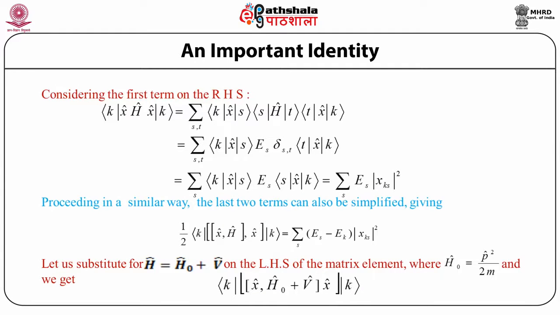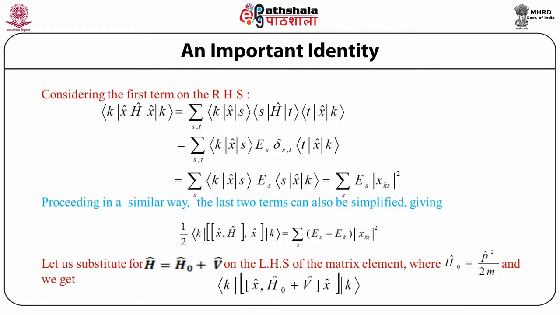Bra vector k, operator x, operator h, operator x, ket vector k is equal to summation over s and t, bra vector k, operator x, ket vector s, bra vector s, operator h, ket vector t, bra vector t, operator x, ket vector k, and this is equal to summation over s and t, bra vector k, operator x, ket vector s, Es delta st, bra vector t, operator x, ket vector k, and this is equal to summation over s, bra vector k, operator x, ket vector s, Es, bra vector s, operator x, ket vector k, and this is equal to summation over s, Es modulus whole square of xks.